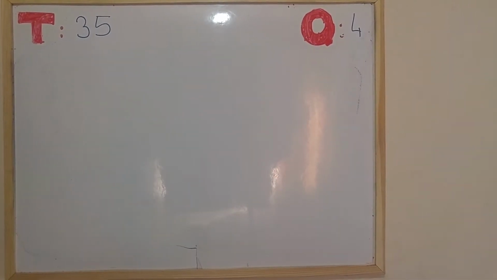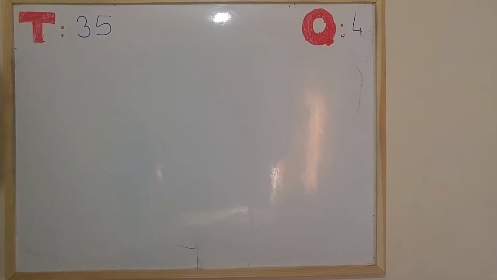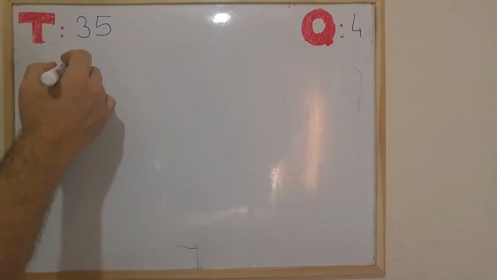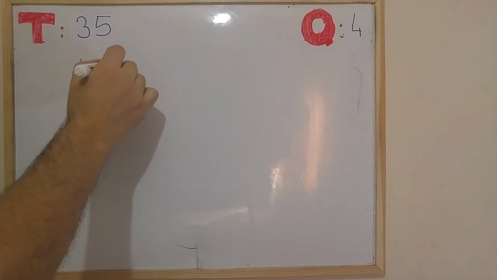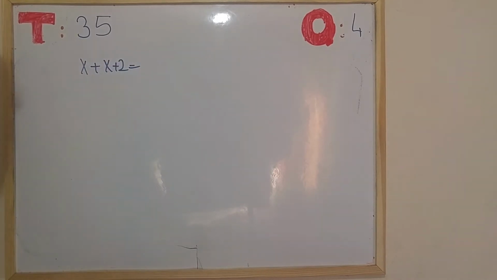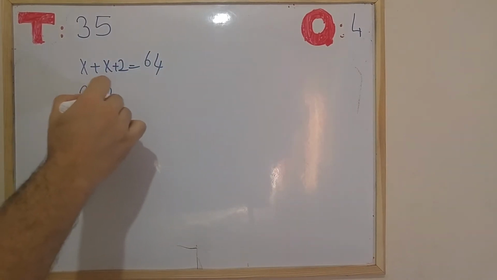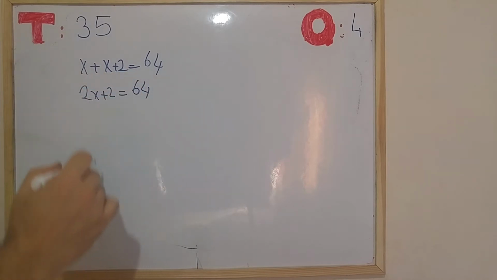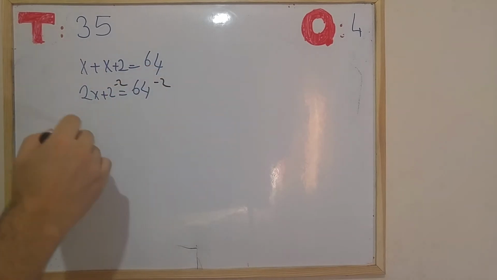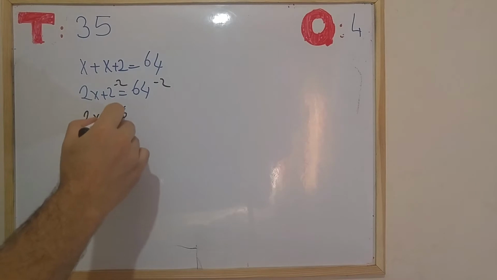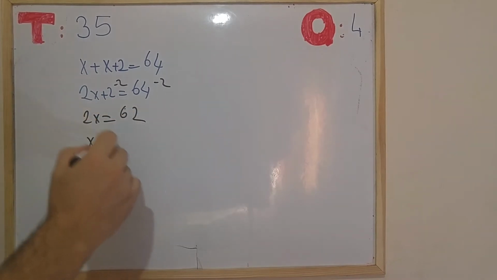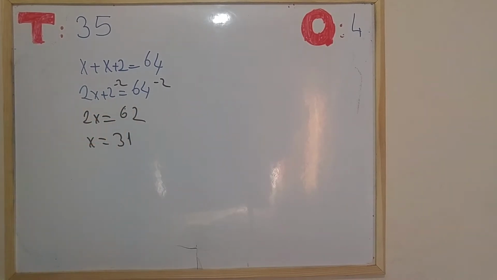The sum of two odd consecutive integers is equal to 64. So let's say that these are x and x plus 2, and the sum is equal to 64. So 2x plus 2 is equal to 64, which means that when I subtract 2 from each side, 2x is equal to 62, and x, when I divide each side by 2, is equal to 31.